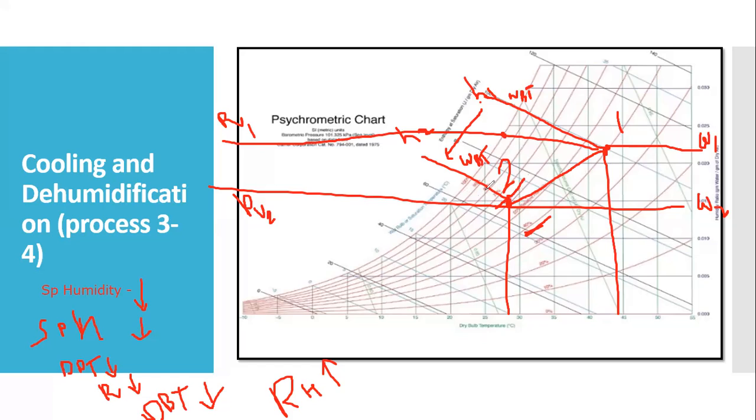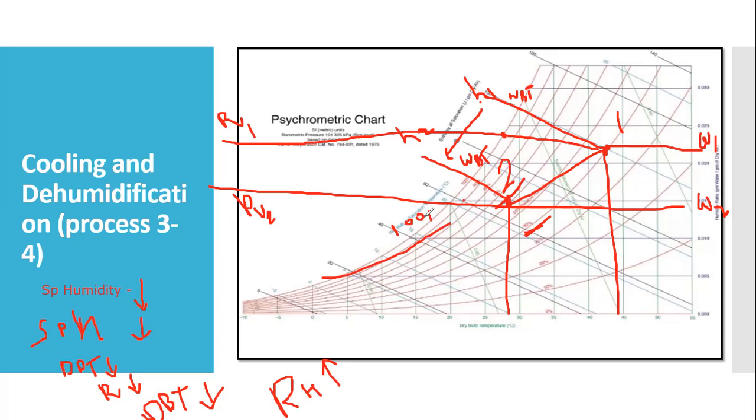As you cool the air, what will it convert into? Into water. The water vapor particles will try to convert into water particles. So humidity will keep increasing: relative humidity, not specific, not absolute. As your point gets closer to the saturation curve, you will find more water vapor particles.